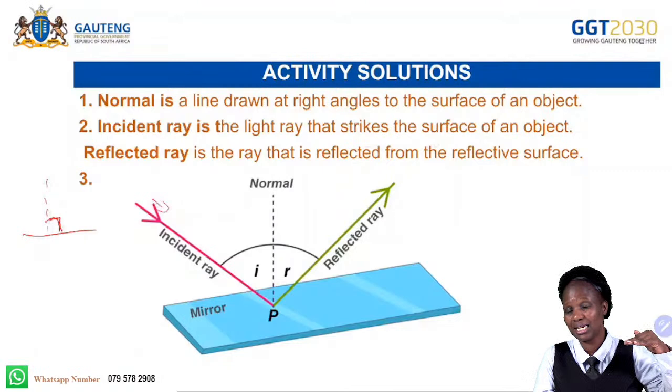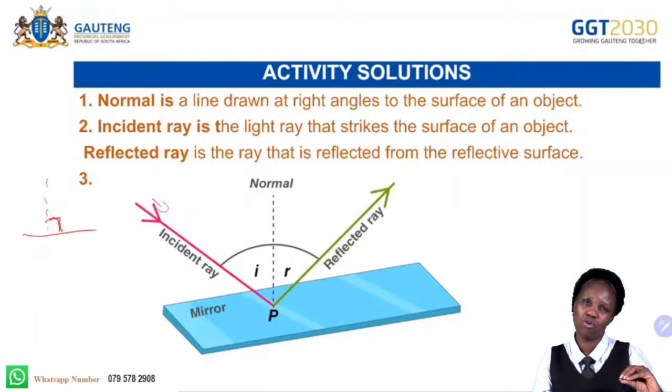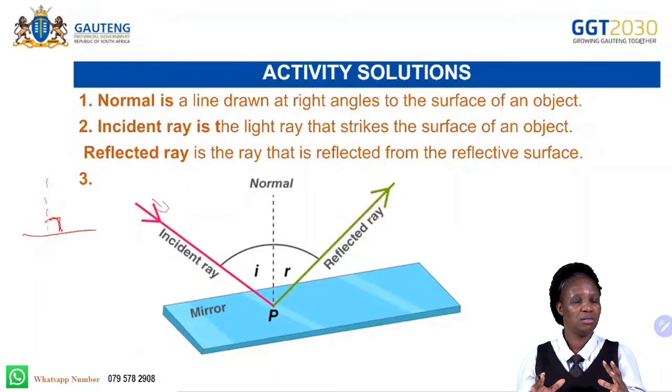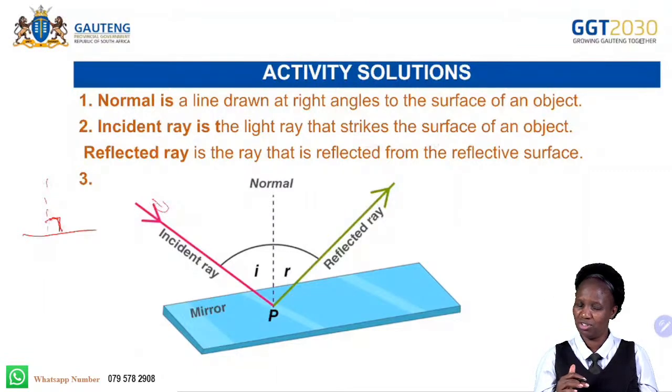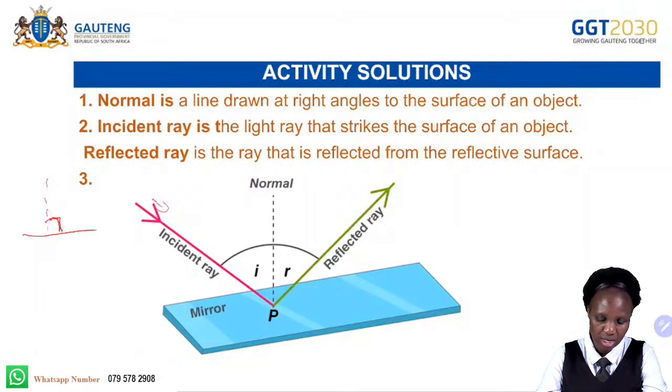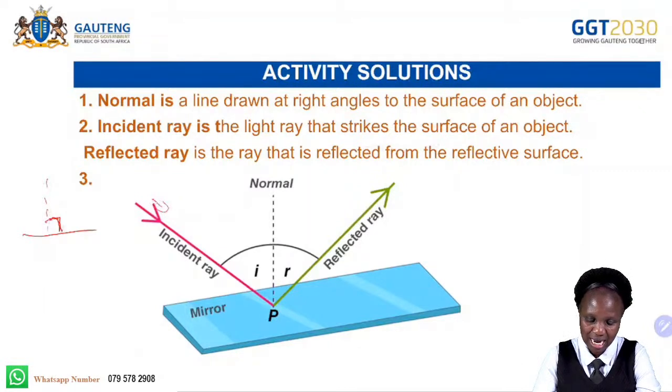When white light comes in, it has the colors of the rainbow. That is the visible spectrum. The other colors will be absorbed, that's why we don't see them. Do you get it? All right, let's check question number 3. This is the diagram.